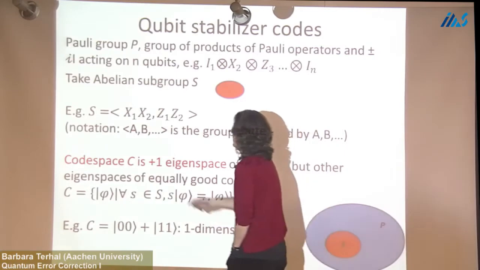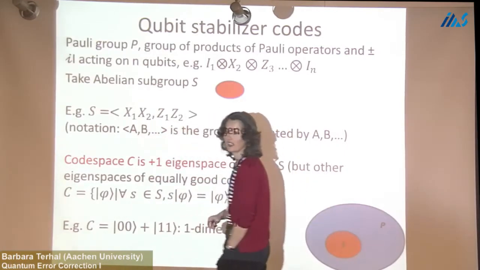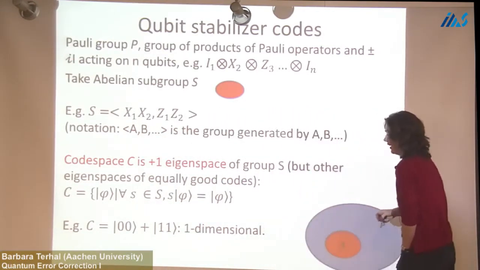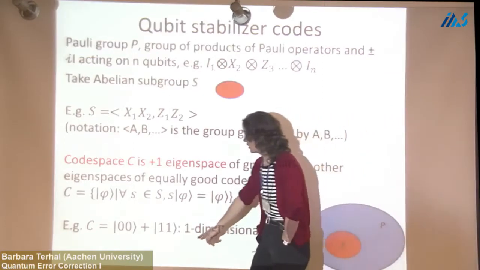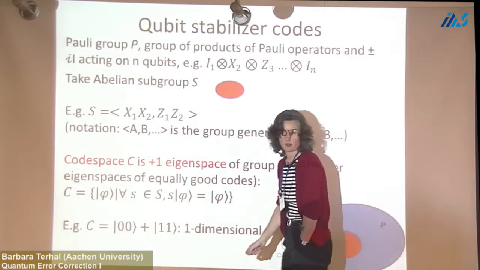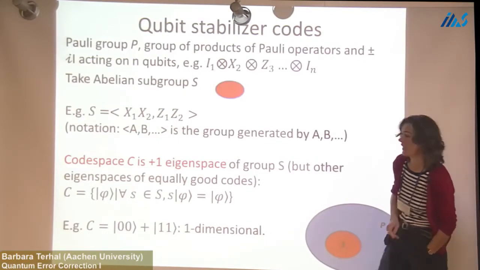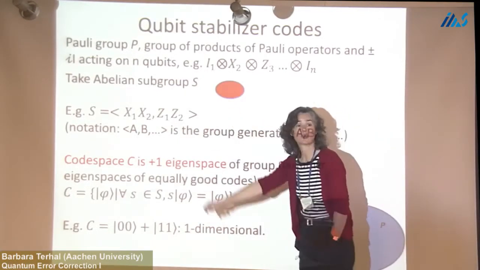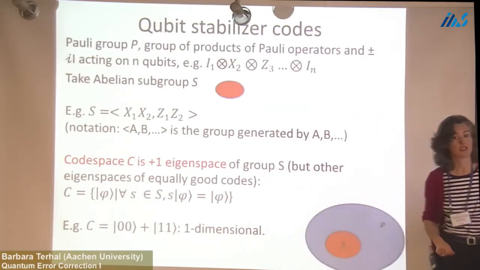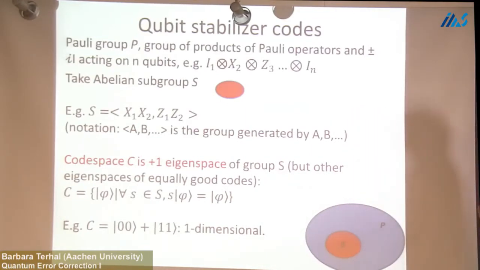But I also need to be a +1 eigenvector of x1, x2. And so I need to take a linear combination like this one, which is a +1 eigenvector of that state. So when I take this abelian group, the code space is one-dimensional. It's just one vector.